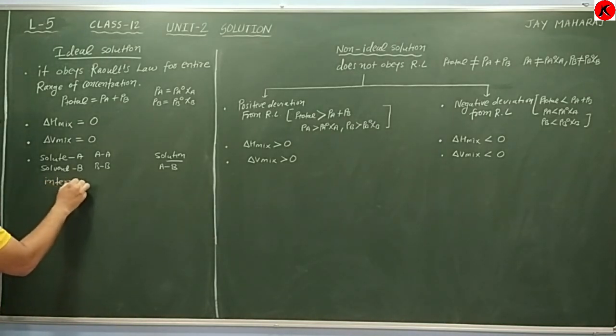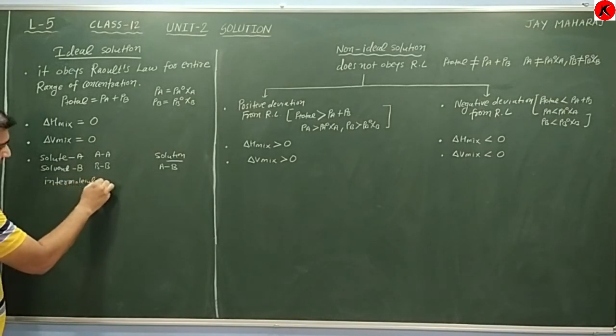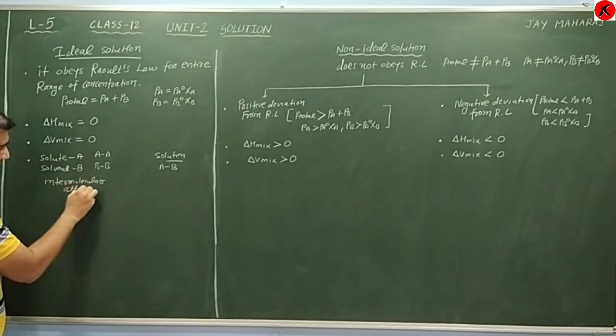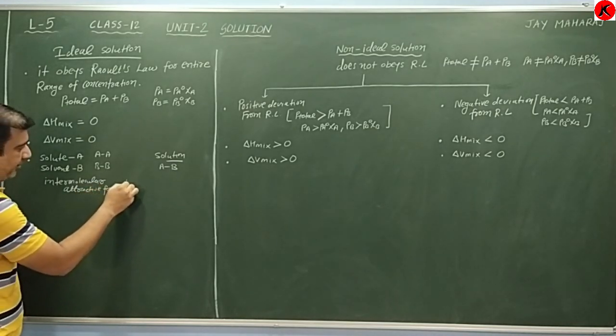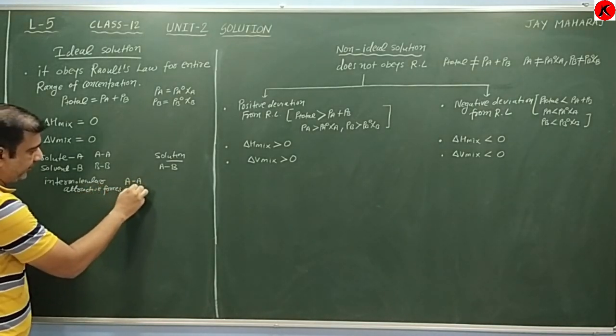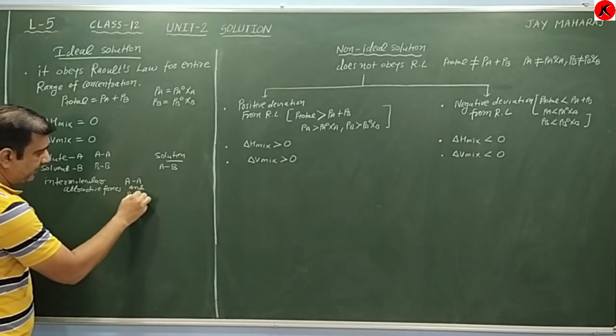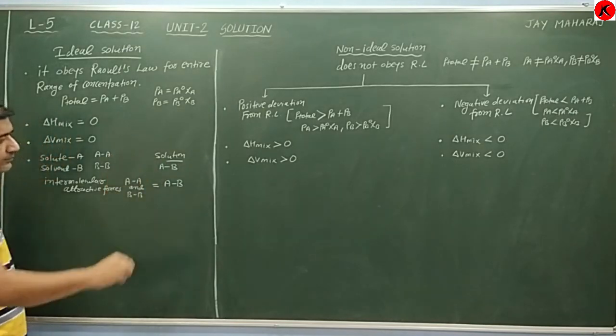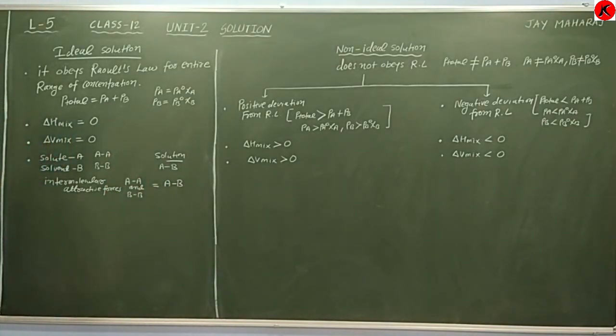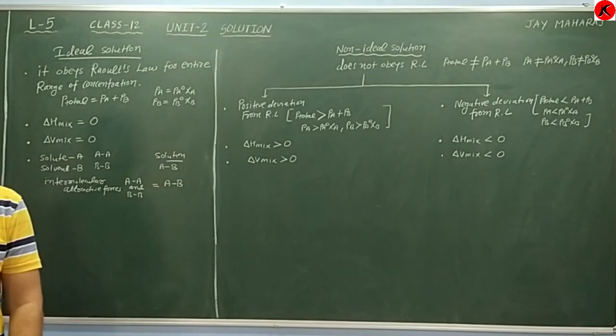Now when this new and old intermolecular attractive force are equal, that means intermolecular attractive force AA and BB is equal to AB. That means old and new intermolecular attractive force are equal. But actually this is not 100% possible.